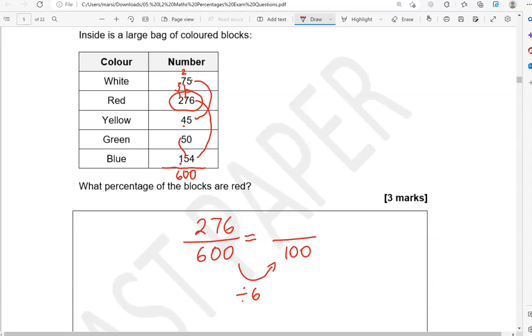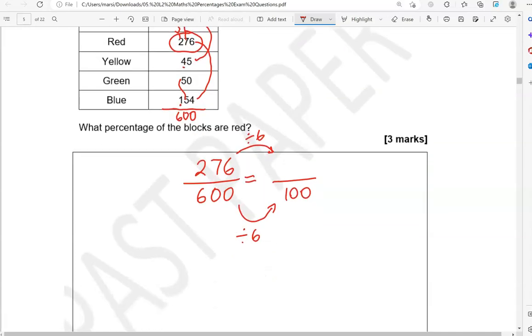And I'd need to do the same thing to 276. Let's see if that gives us a whole number. Even if it doesn't, it still gives us the percentage.